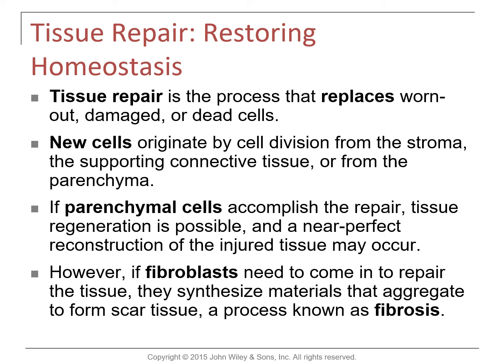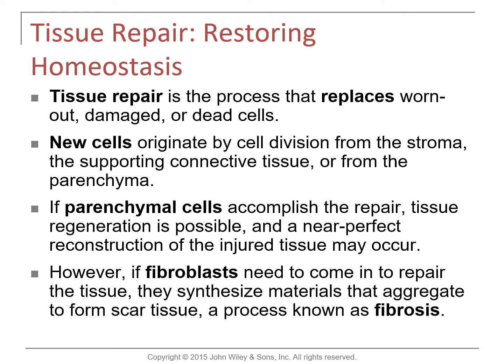If parenchymal cells are proliferative and accomplish repair, tissue regeneration is possible, and a near-perfect reconstruction of the injured tissue may occur. You see this with slight scrapes and damage to your epidermis of the skin.